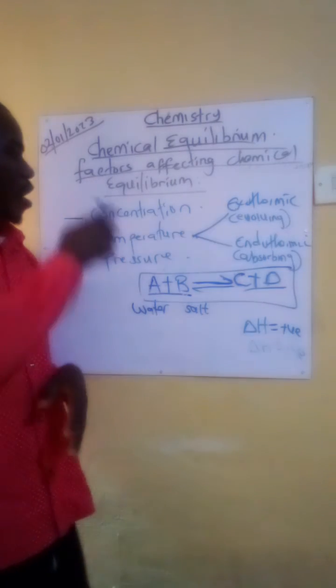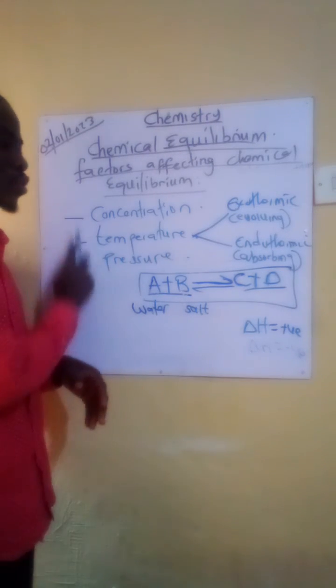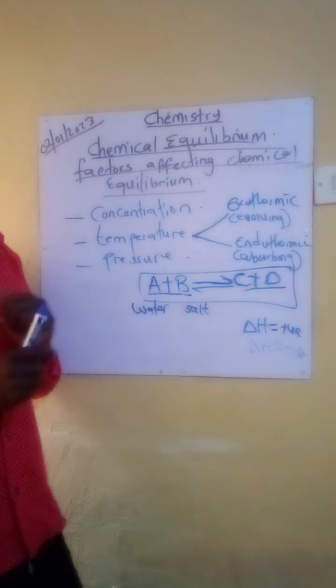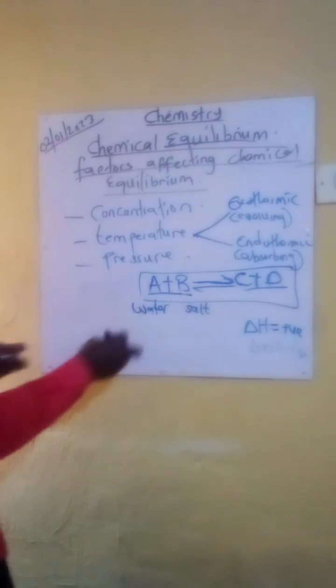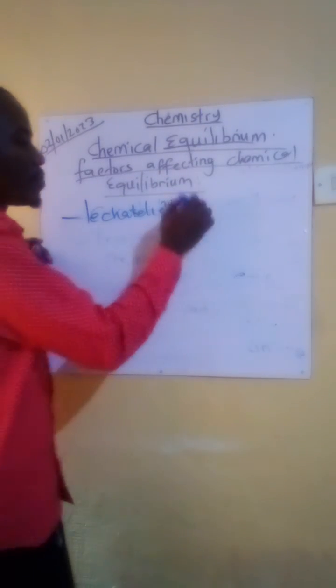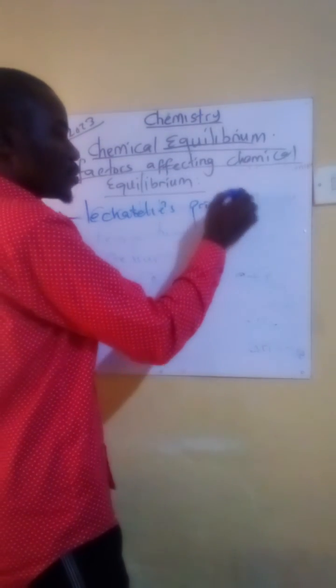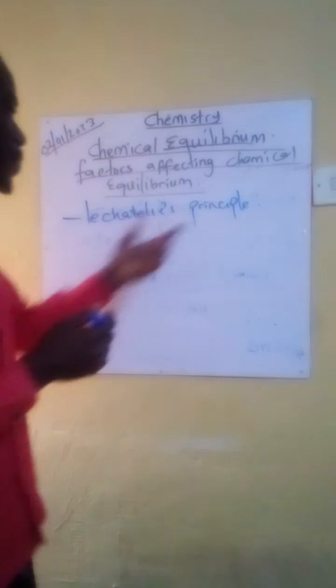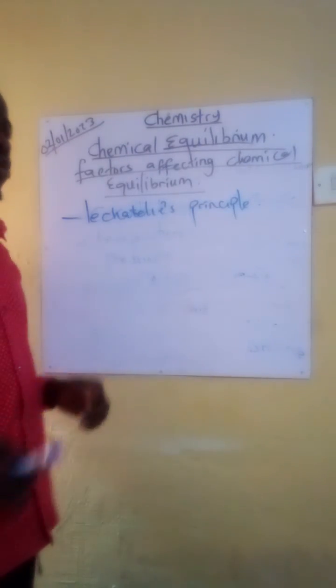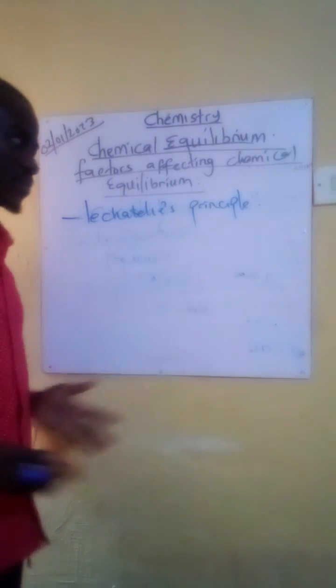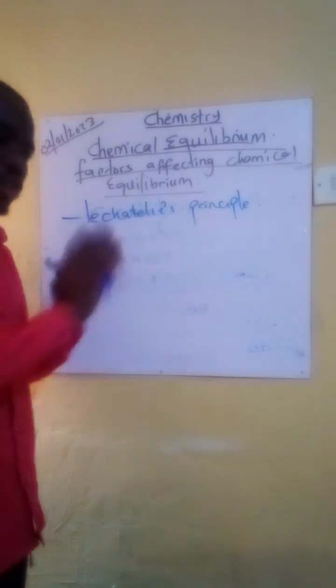Okay, so those are the factors that affect equilibrium. Le Chatelier's principle. This principle explains what is actually happening when a system is disturbed.